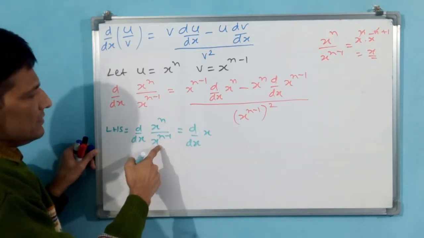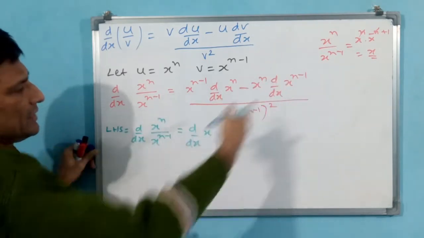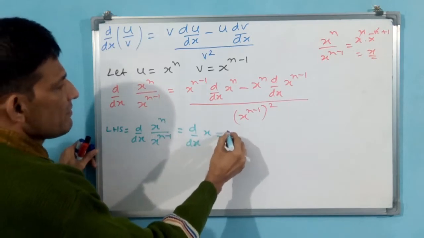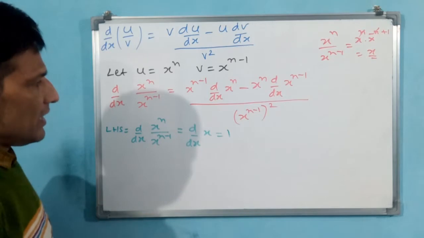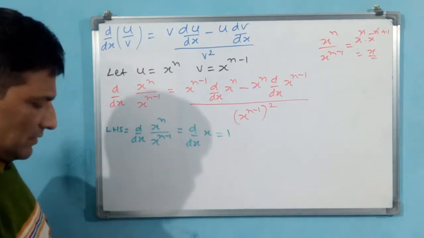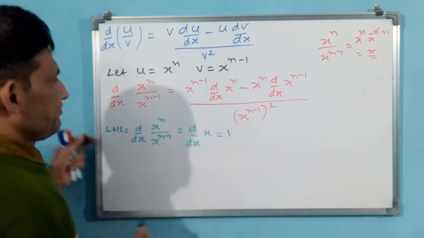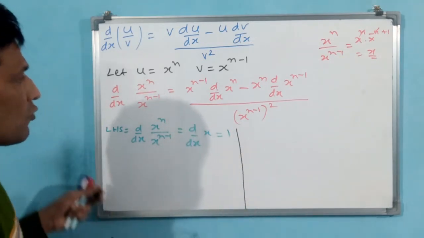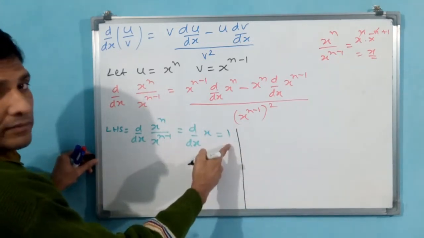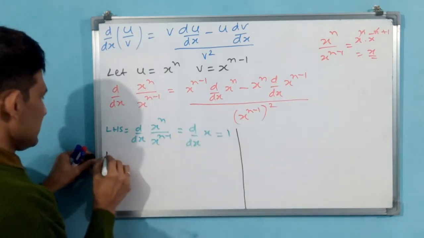You can write like that. That means finally it is going to become 1. LHS has become 1, that's all. Now let us move on to RHS.